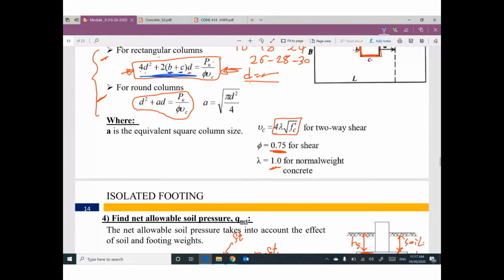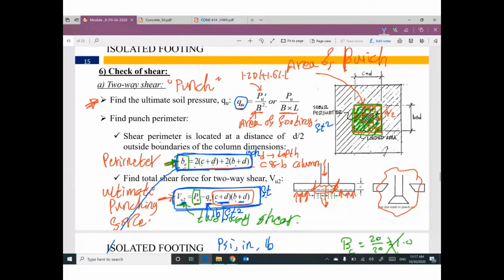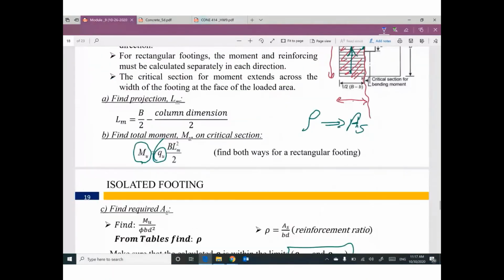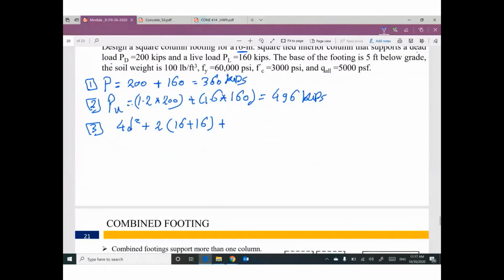So P ultimate, we figured it out. Vc equals 4 lambda square root f prime c, and phi equals 0.75. So the depth equation: P ultimate divided by phi Vc, where Vc equals 4 lambda square root f prime c. That's right.